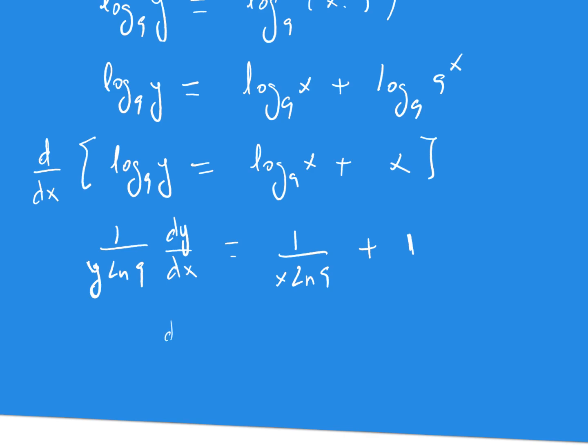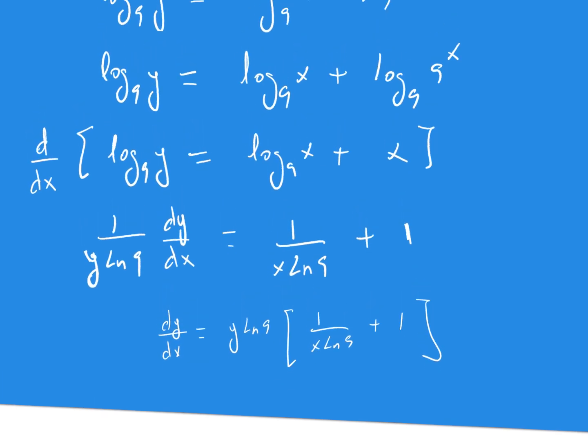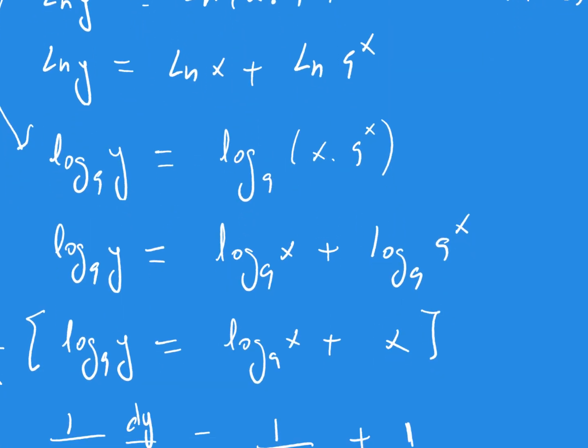The derivative of y with respect to x is equal to y times the natural log of 9 multiplied by 1 divided by x natural log of 9, plus 1. And what is y? y is the function x times 9 to the x.